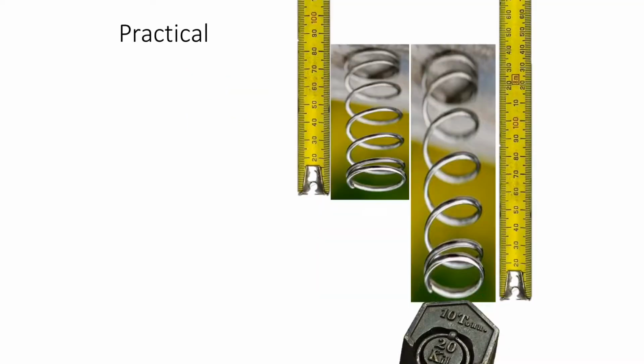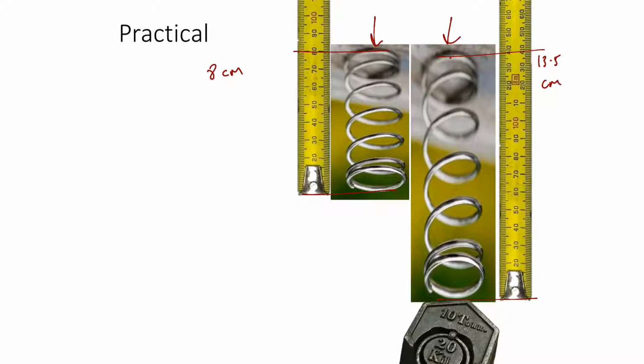In another example, here are our two springs. We've got the one on the left, that is the original length, and then one on the right that has extended. So let's just see the original length, so that's 8 centimetres, and it's extended here to about 13.5 centimetres.